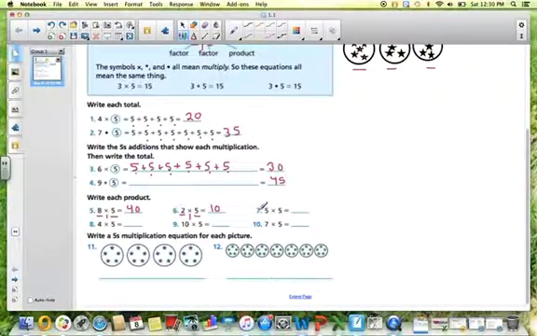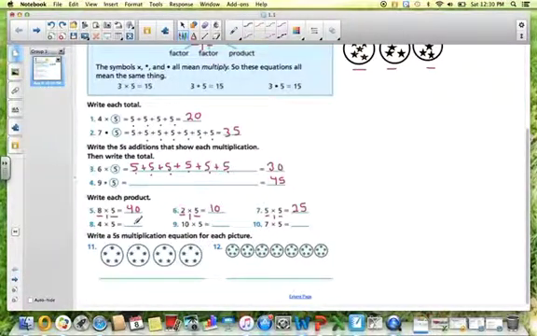Okay, moving on to 7. We have 5 groups of 5. Okay, let's count by 5s. 5, 10, 15, 20, 25. All right. So now you're going to pause the video and I want you to do number 8, 9, and 10 on your own.